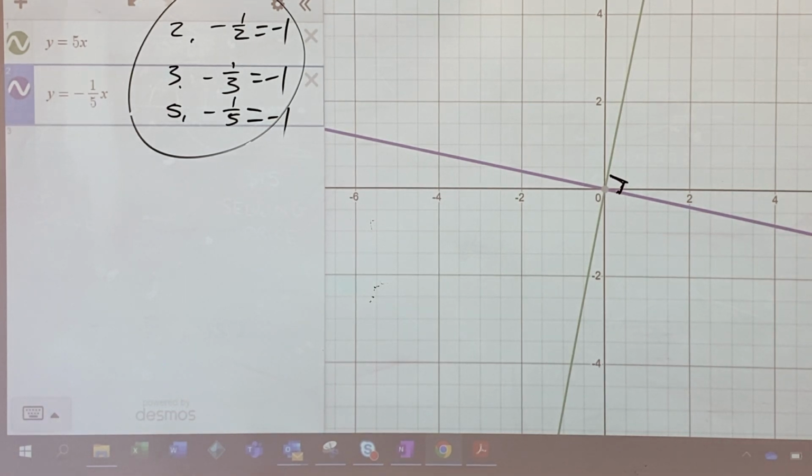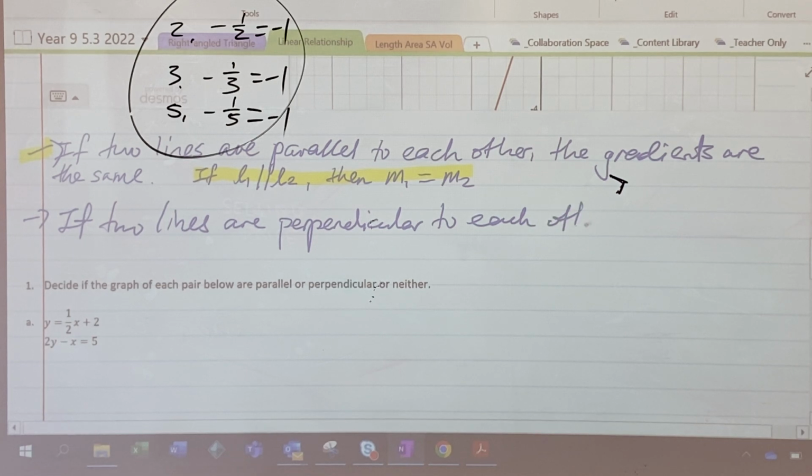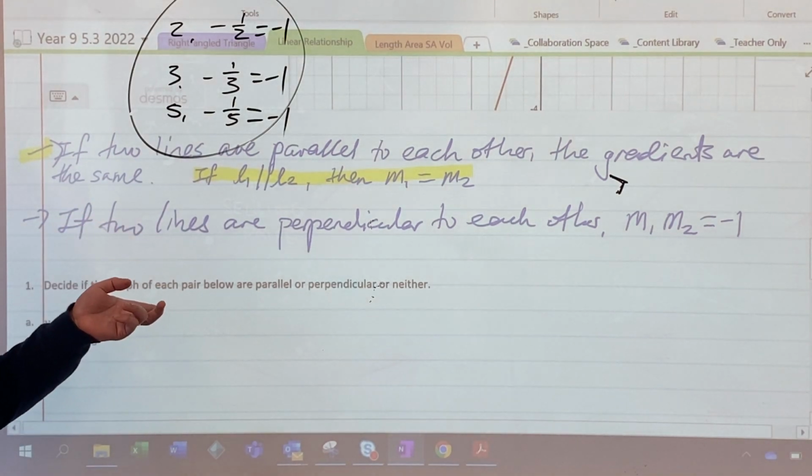Let's write down the conclusion. If two lines are perpendicular to each other, m1 times m2 equals negative 1, which we have verified based on graphs.